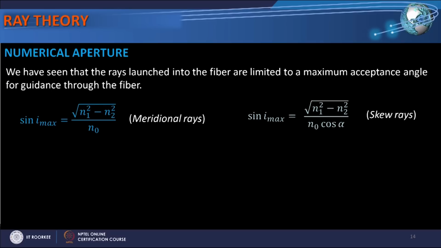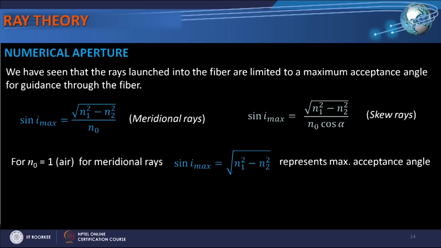Now, if outside medium is air, then for meridional rays sin I max is equal to square root of n1 square minus n2 square, and this represents the numerical aperture of the fiber.